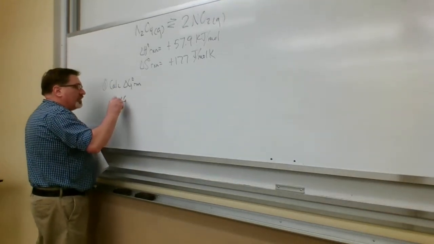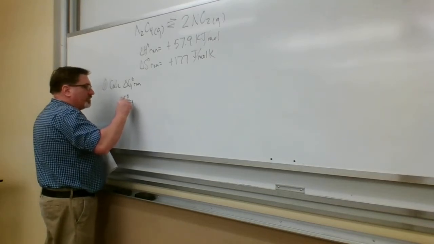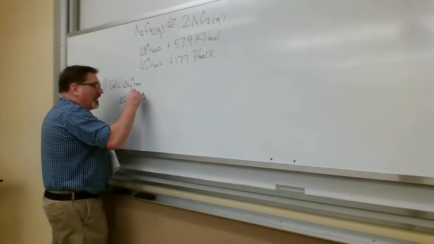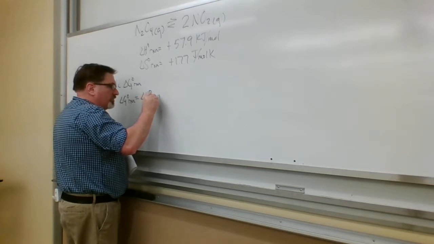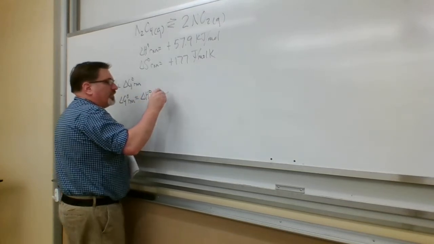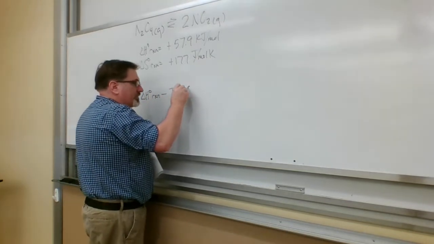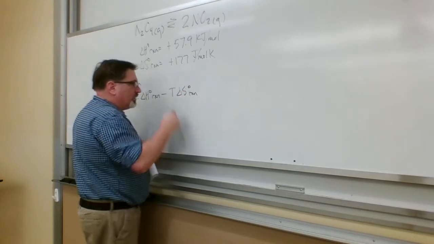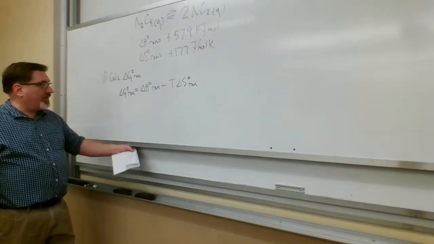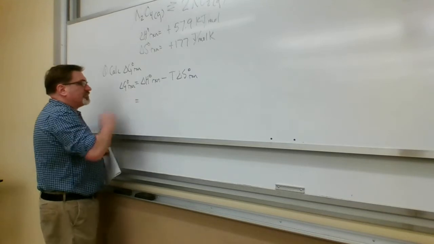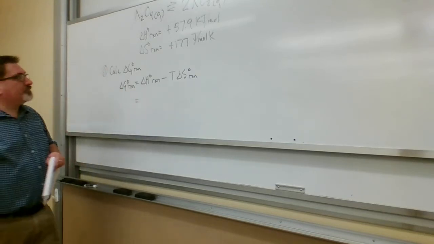So delta G 0 for the reaction is delta H 0 for the reaction minus T delta S 0 for the reaction. Standard conditions, T is 298, right? So just literally plug in and chug our numbers.